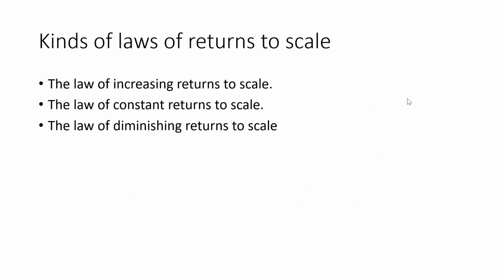And these give rise to three laws of returns to scale: the law of increasing returns to scale, the law of constant returns to scale, and the law of diminishing returns to scale. In production, this is the most common sequence that is followed. First, there is increasing returns to scale. Second, constant returns to scale, and then diminishing returns to scale as we increase the scale of production.